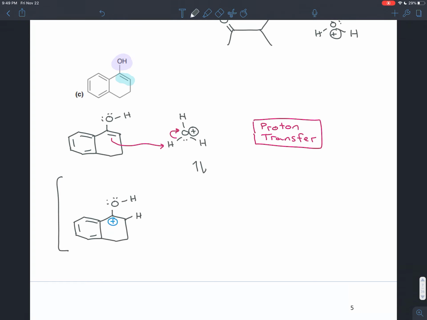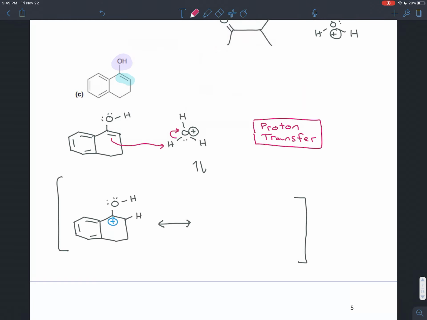And so you'd want to warn people by drawing brackets. That lets them know that none of the structures that you're drawing inside are the real structure. The real structure is only and always the average of all of the ones inside. And to remind them to take the average, you draw a resonance arrow between the resonance structures. That has one line with 2 heads. That says, take the average.